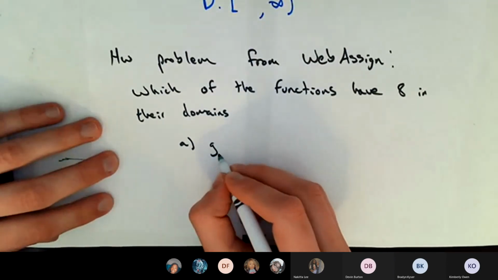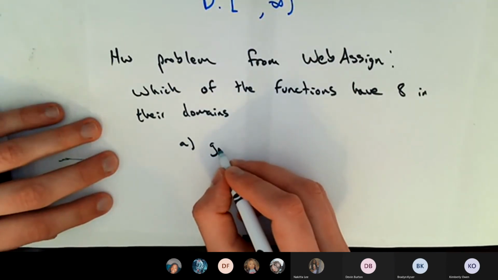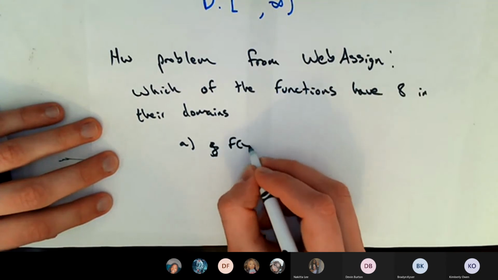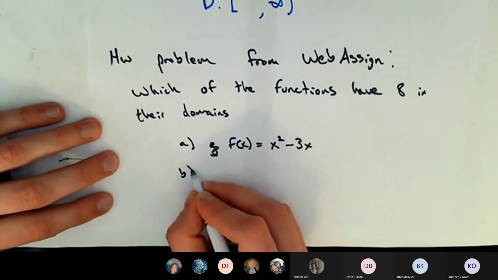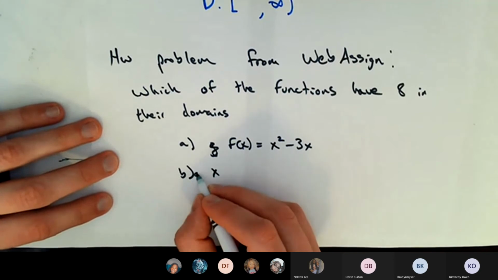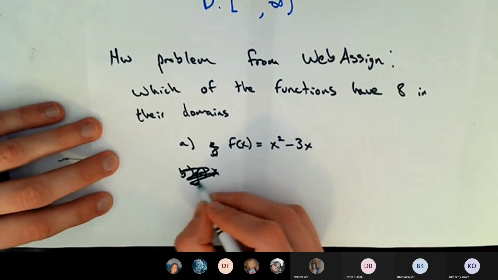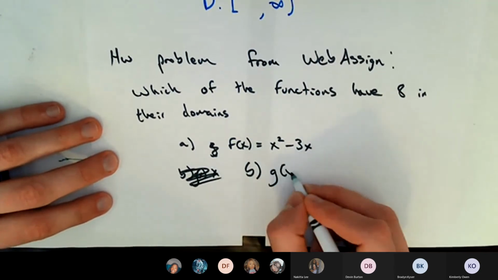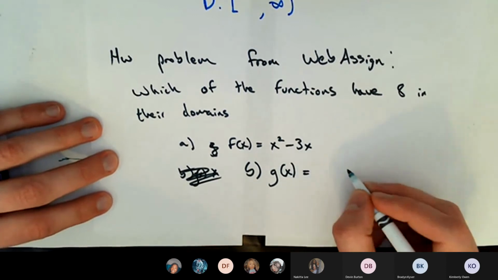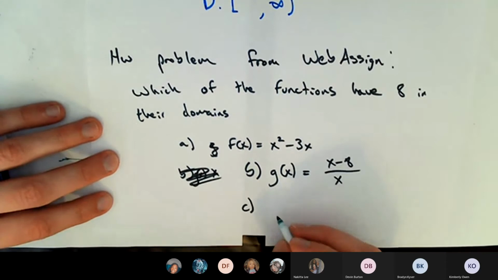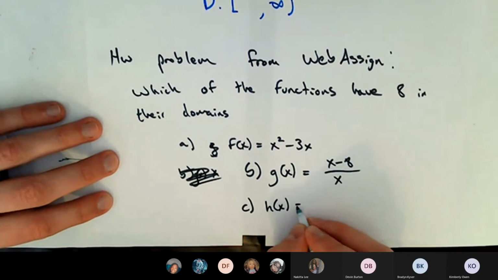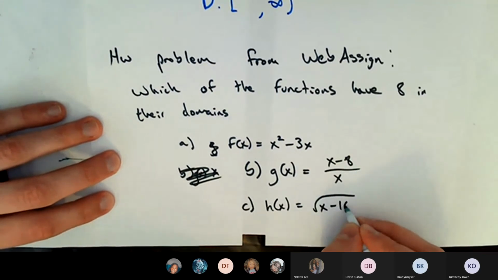A is f of x equals x squared minus 3x. B is g of x equals x minus 8 over x. C is h of x equals square root of x minus 16.